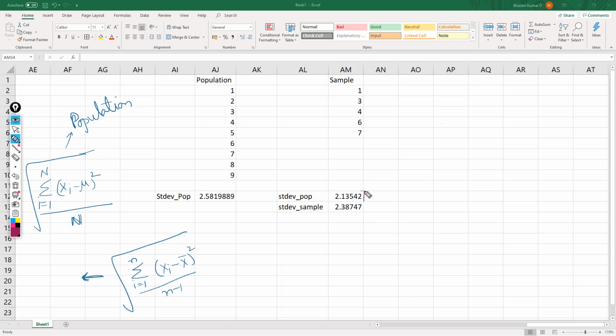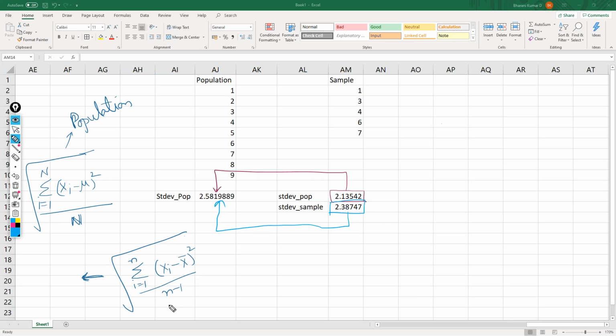if I apply population formula on a sample, then is that closer to the true population? Or when I calculate standard deviation of sample using a sample formula, is that closer to true population? Which one is closer? Sample standard deviation.